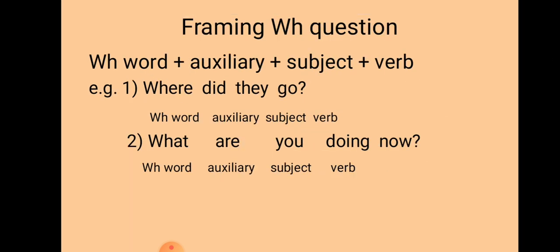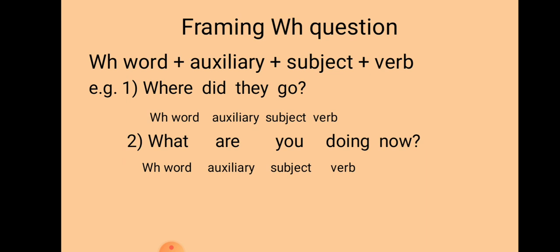Framing a WH question. So what should be the formula? WH word plus auxiliary, that is helping verb, plus subject, that is the doer in the sentence, plus verb. For example, where did they go?